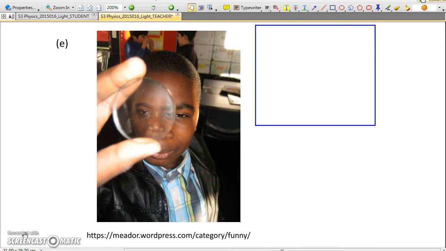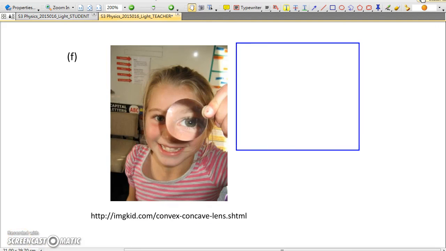Picture E. This is the image. What will you say? Is it erect or inverted? If it is erect, it must be virtual. If it is inverted, it must be real. And how about the magnification? Is it a magnified image or a diminished image? Picture F. Look carefully.